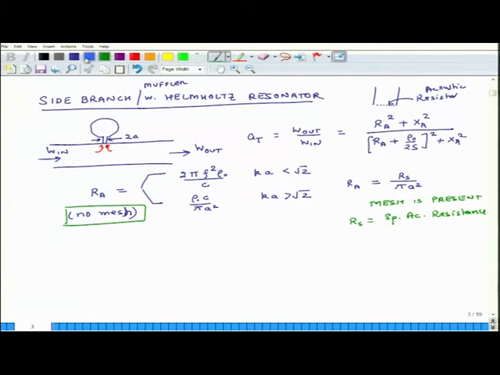So, I will give you the values of RS and mesh size. If I'll just make a table. So, mesh size, if mesh size is 30, then the value of RS is 5.67. Now, what is 30?